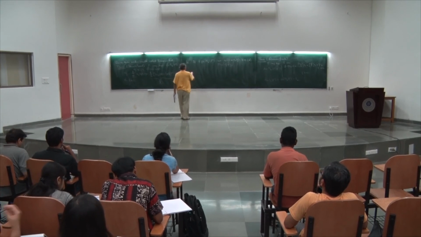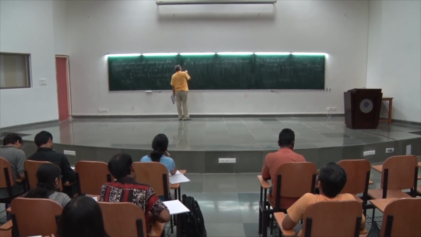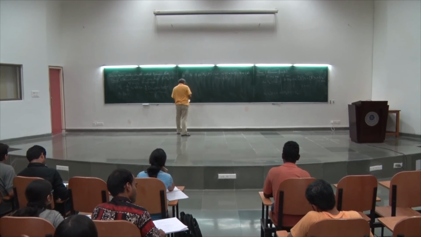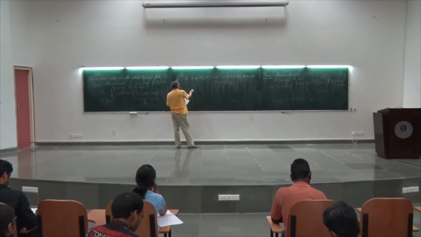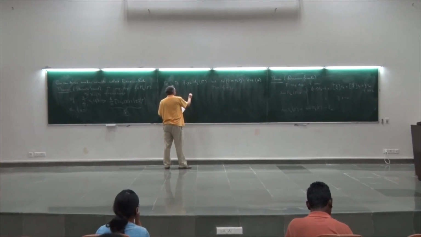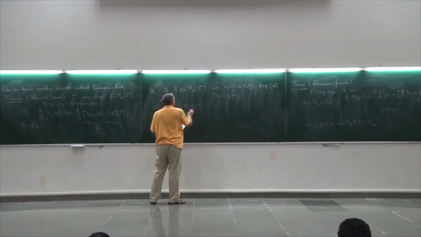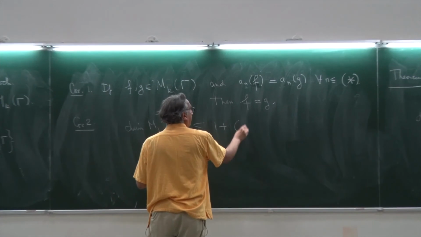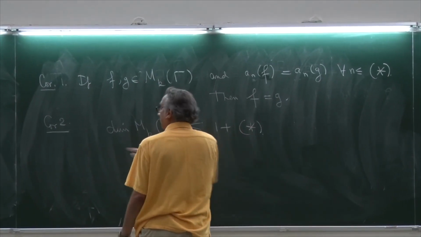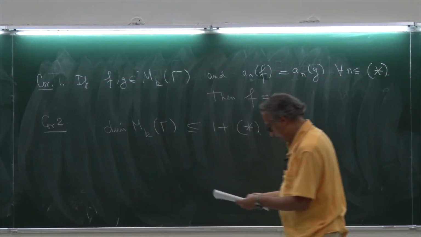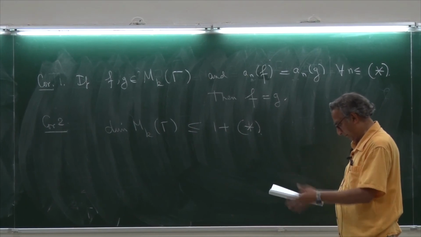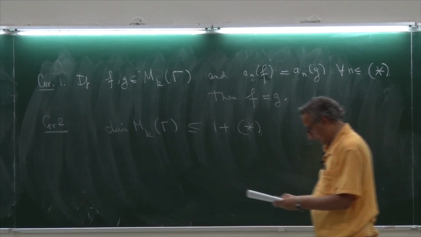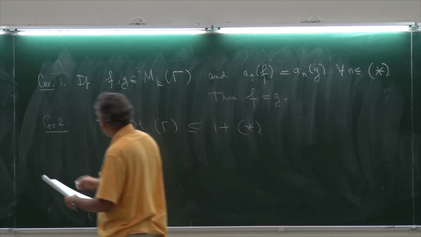And this particular thing allows us to write down another bound for the dimension of the space: the dimension of M_k of gamma is always less than or equal to 1 plus this star, this quantity. So it works for various purposes.